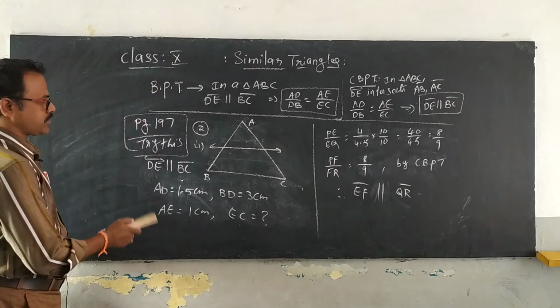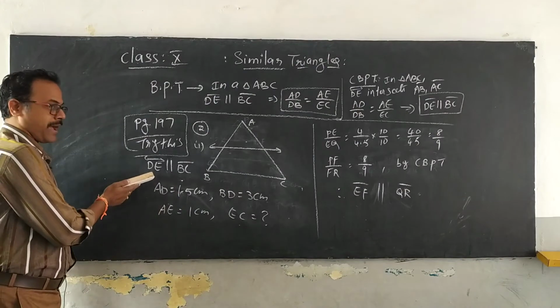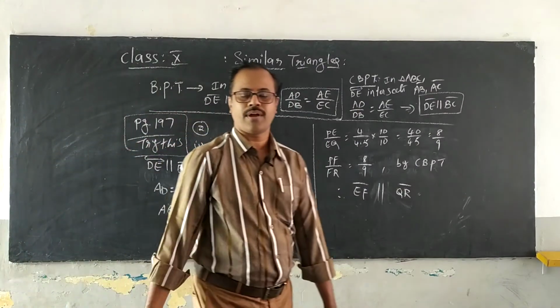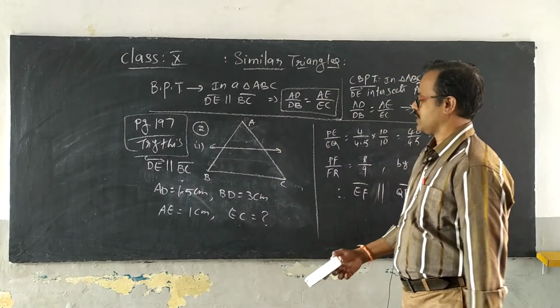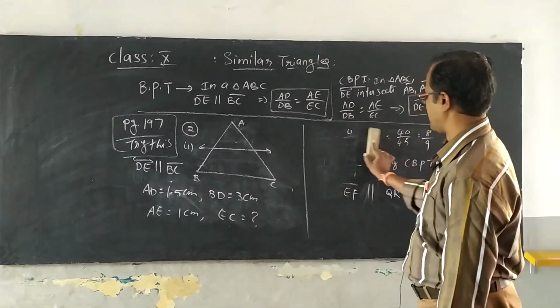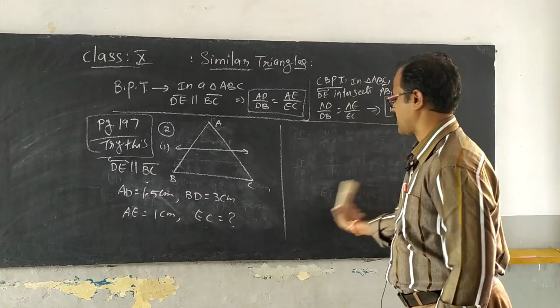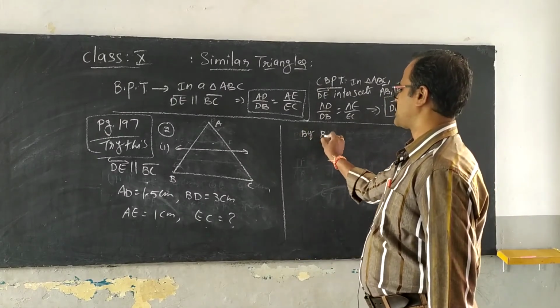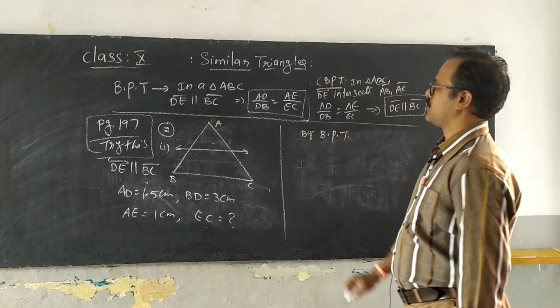Now which theorem do you use? Here the parallel is given, asking to find EC. Yes, very good. By the basic proportionality theorem, you are using the theorem.